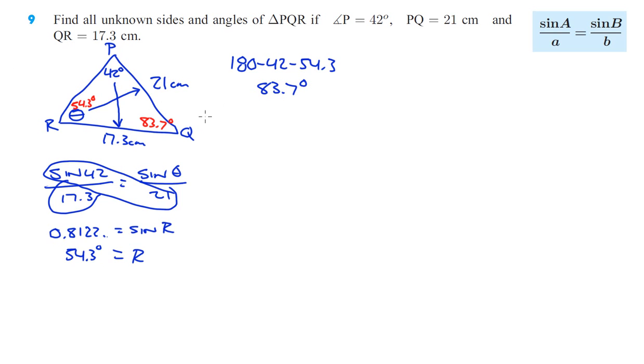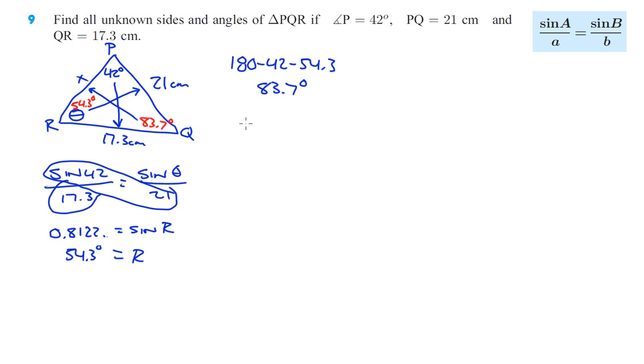So this is now 83.7 degrees. And now we have enough to figure out what this side over here is. Call that X for now since we don't have it. I would highly suggest using the angle and the side that you were given instead of using the 54.3 and the 21. Use the 42 and 17.3, because neither of those has been rounded off.